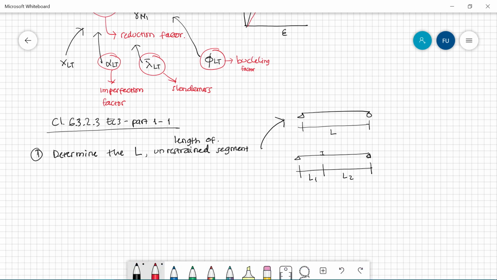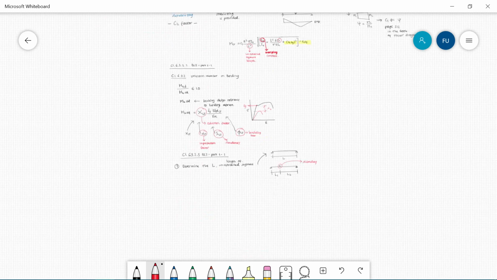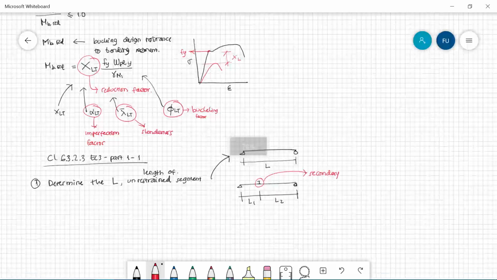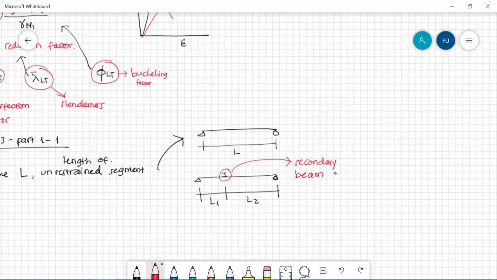This one is a secondary beam, attached at this point, providing lateral support.